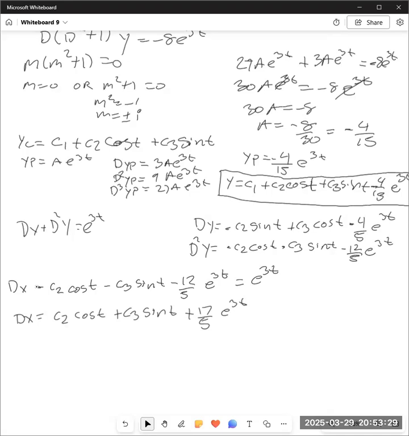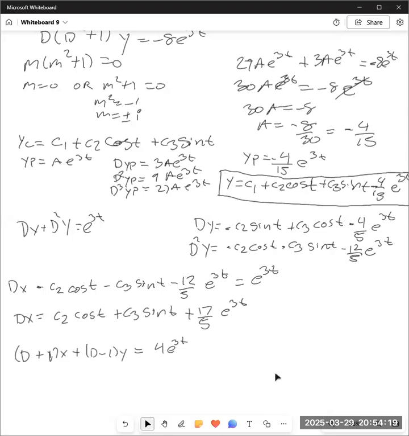So let's go ahead now and look at equation number 2, which now that we have dx, says dx plus x, it really says d plus 1 x plus d minus 1 y is equal to 4e to the 3t.